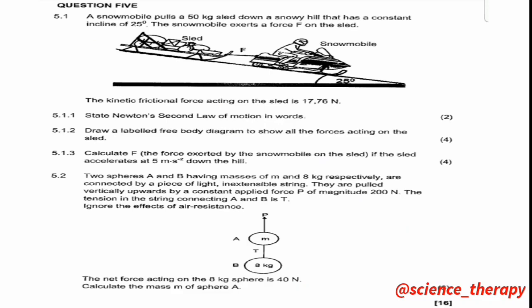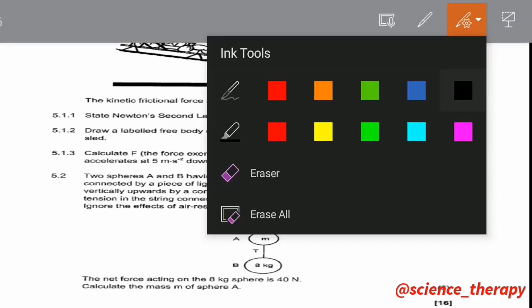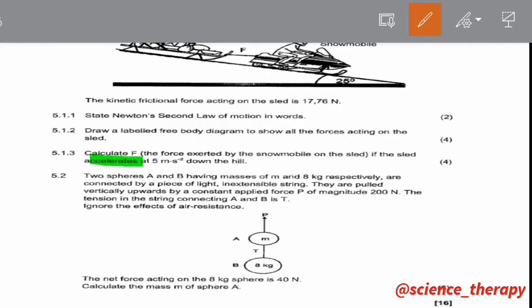Now 5.1.3 says calculate F, the force exerted by the snowmobile on the sled if the sled accelerates at 5 meters per second square down the hill, right? So we can see there that we are given what? We are given the acceleration. And remember, up here we have the kinetic frictional force acting on the sled, which is 17.76 newtons.